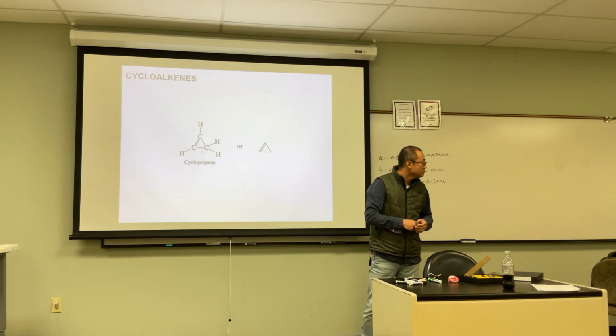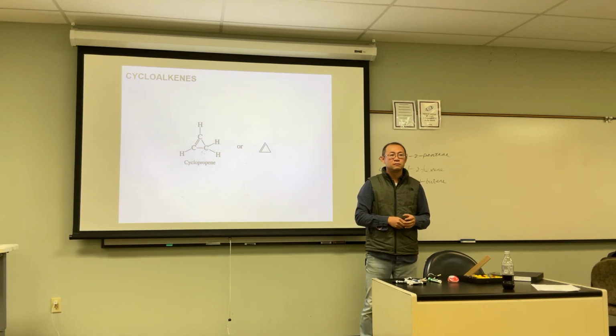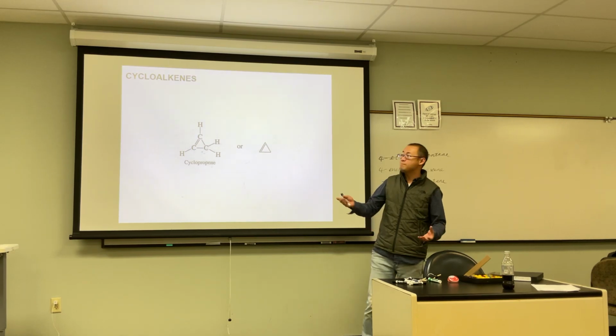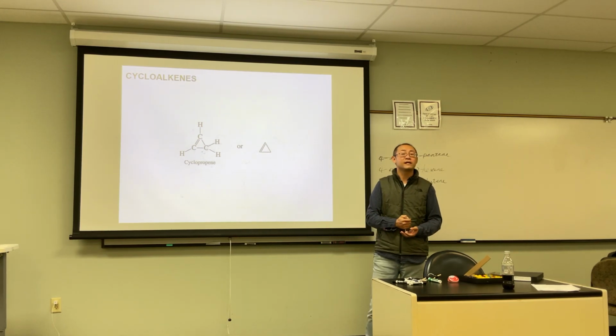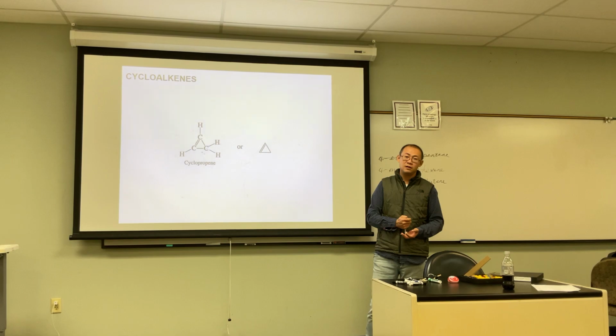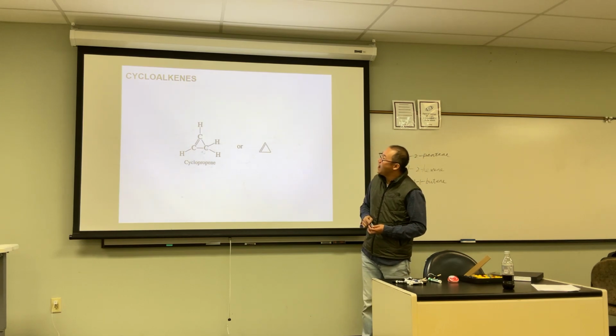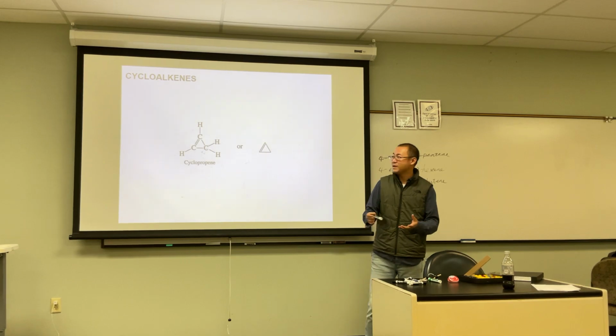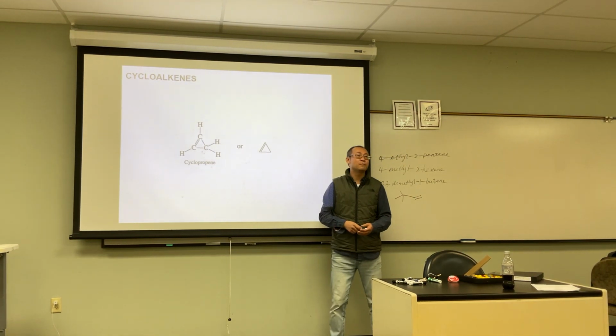The double bond does not have to be in an open chain. It can be in a ring. And we call those molecules cycloalkenes. Why? Because they have a double bond.